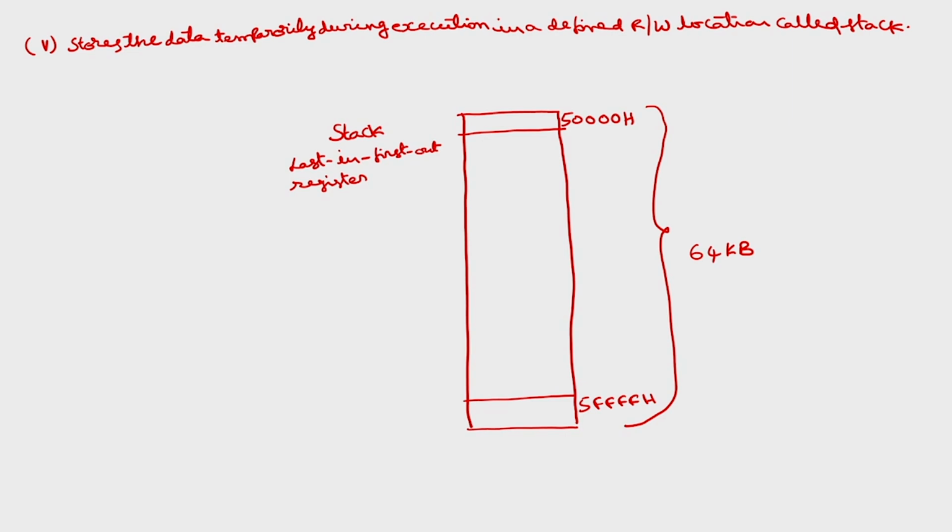There is one pointer called stack pointer. Suppose the data is filled from here, some 32H, some 52H, 55H, some FFH, and so on, up to here where the data is full.